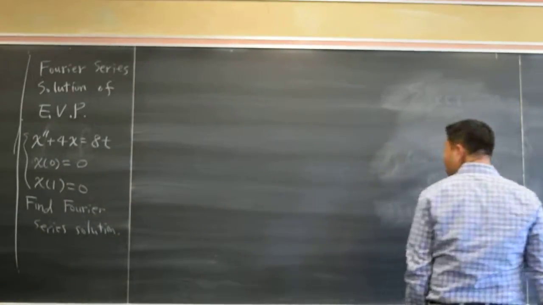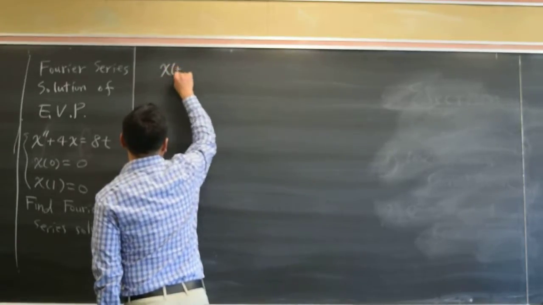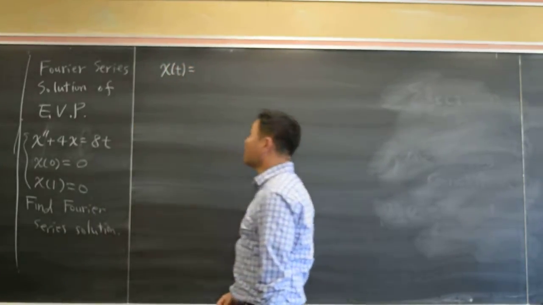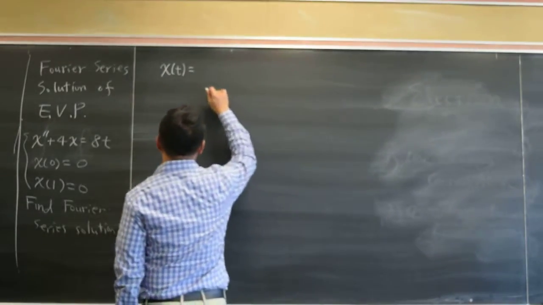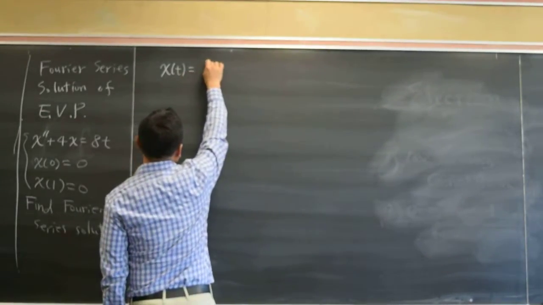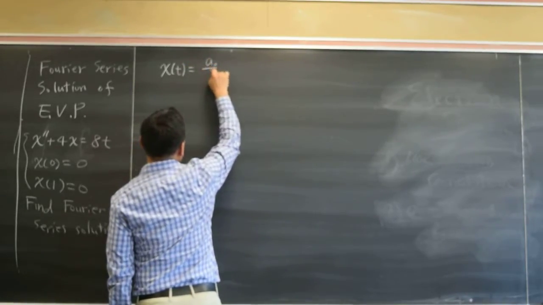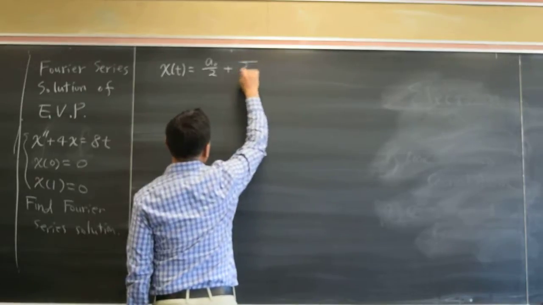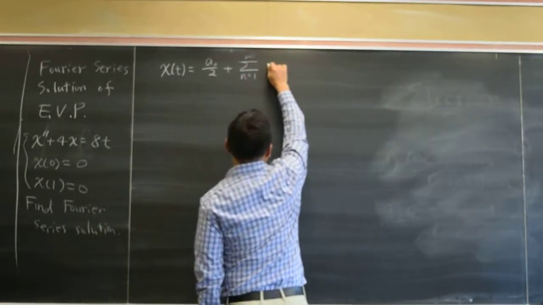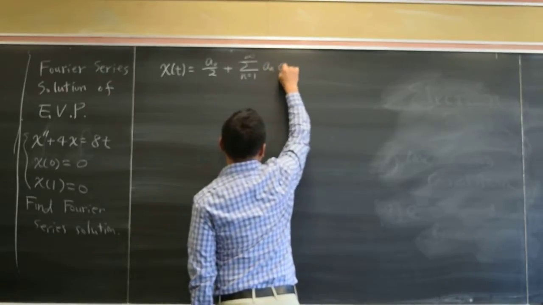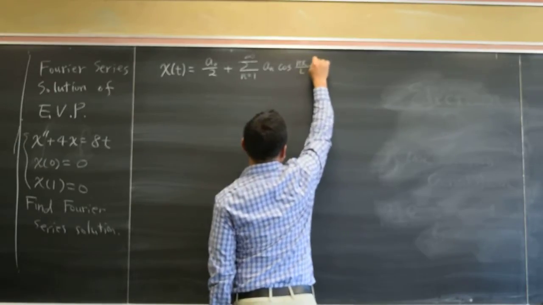So what we are trying to do is to find the solution x of t in the following format. What's the Fourier series of any function x of t? It's a0 over 2 plus sigma n from 1 through infinity of an cosine n pi over L t.